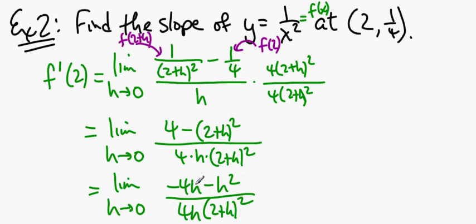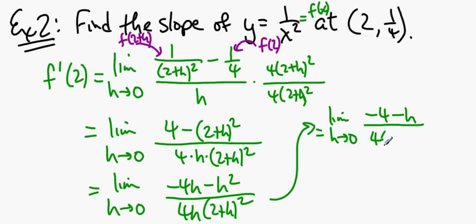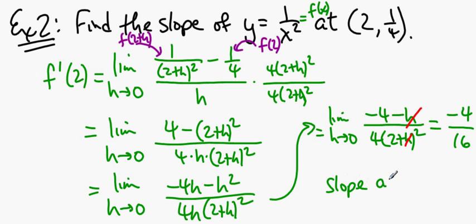Still useless to try to sub in 0 because the numerator and denominator are both 0, but we can remove one factor of h from everybody and get (negative 4 minus h) over (4 times (2 plus h) squared), and now that's much more useful. If I sub in 0, this drops out and that drops out, and I'm left with negative 4 over 16, and so I say that the slope at x equals 2 is negative 1/4.